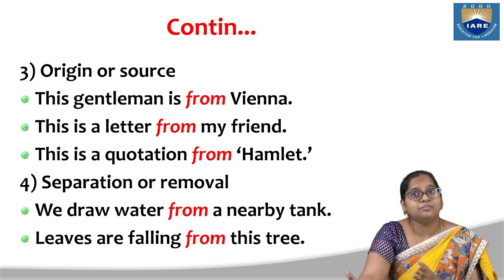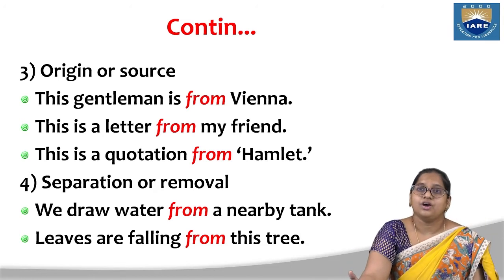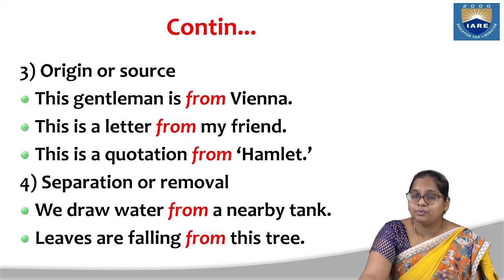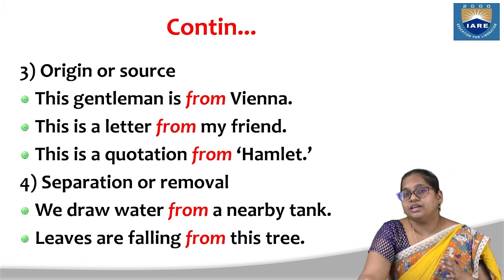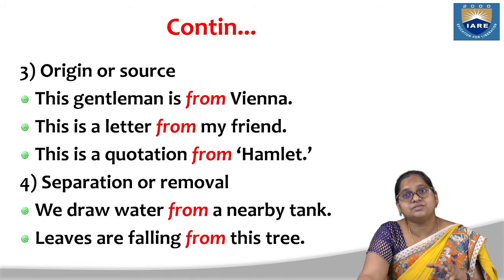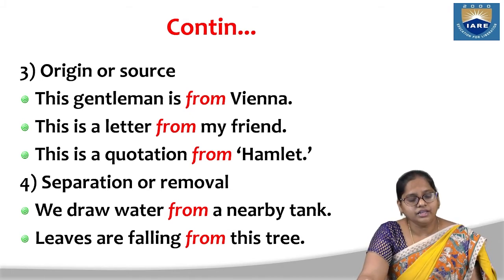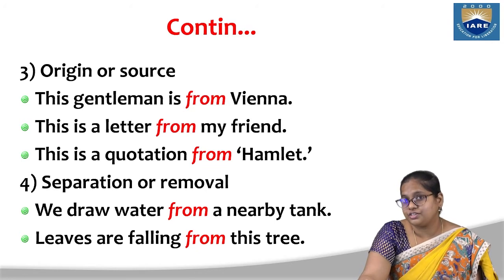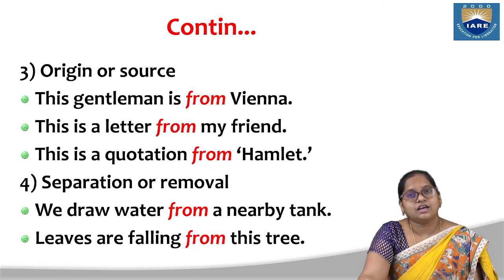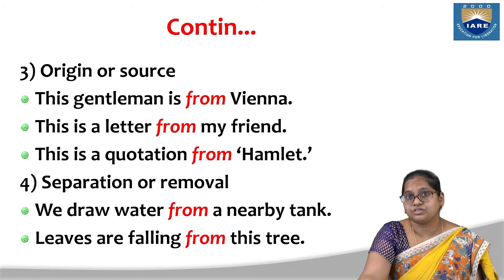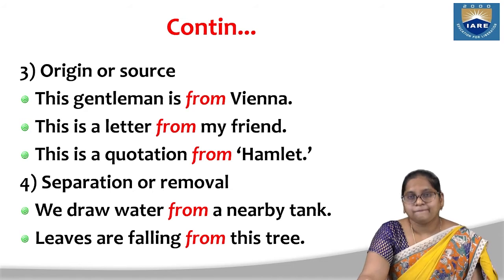These cakes are baked from so and so place, or this has been prepared from, or this is produced from so and so, Manchester or some place. Anything where it originated or was established, that is origin or source. That is where you can use from.